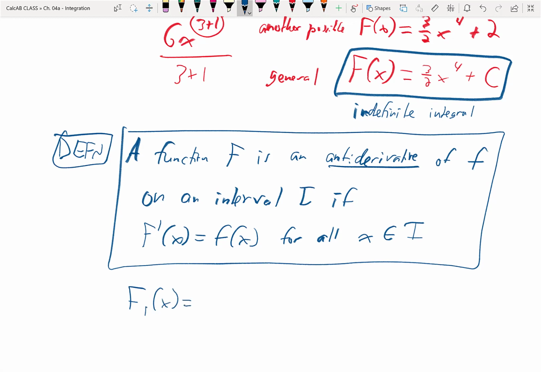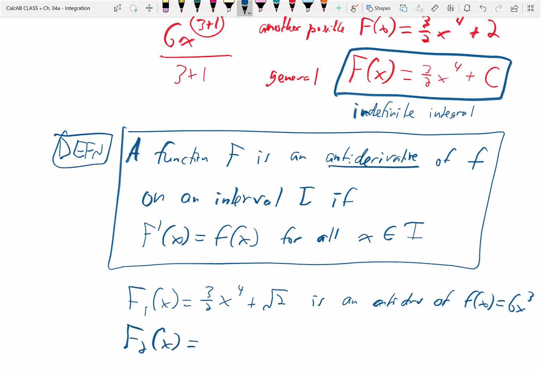F1 of x equals 3/2 x squared plus root 2 is an antiderivative of little f of x is equal to 6x cubed. F2 of x is equal to 3/2 x to the 4th plus x is not.